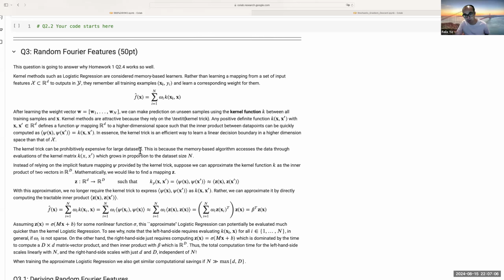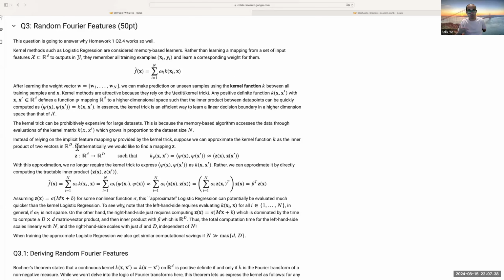If we want to build a matrix of 60,000 by 60,000, that is a huge matrix that needs to be calculated. So that will be very memory intensive. You can see this is a very memory intensive algorithm, because you need to evaluate this kernel matrix, and of course it grows quadratically with the data size n.